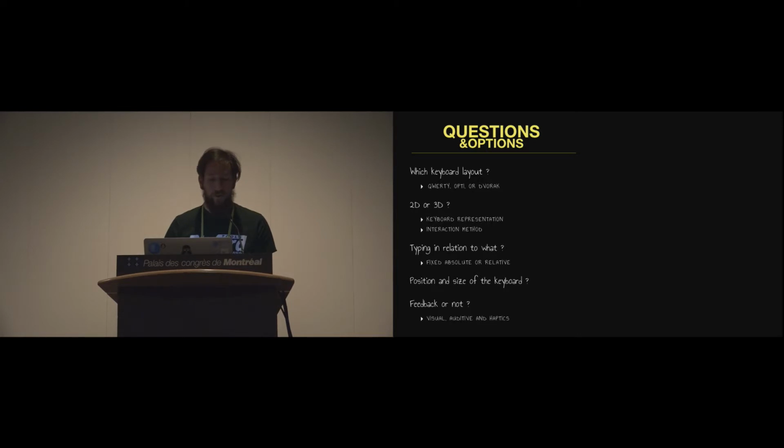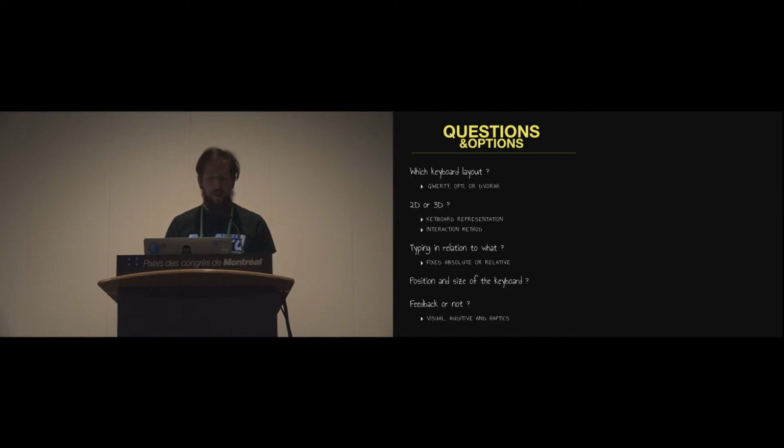Again, another question is using 2D or 3D, which means which kind of keyboard representation and which kind of interaction method. The keyboard representation, for example, is a very planar representation with 3D buttons when we're using so-called pseudo-haptic feedback, which means that the buttons are moved in depth if you touch them. Another question is typing in relation to what?